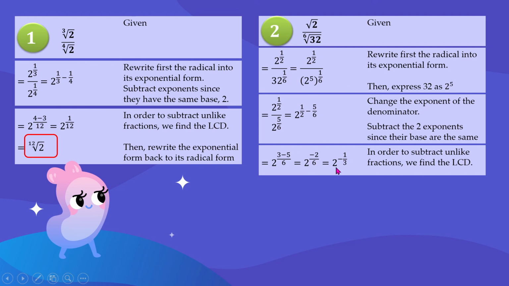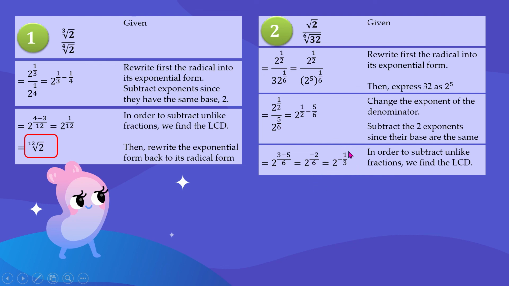So that is negative 1/3, the exponent of base 2. From this one until this one, when the exponent is negative, if we go back to the laws of exponents, the negative exponent rule, how are we going to make the negative exponent into a positive one?